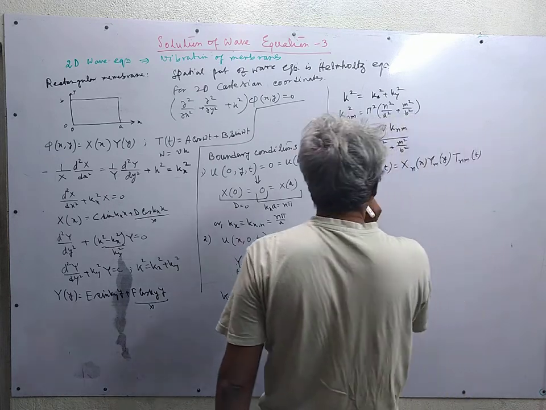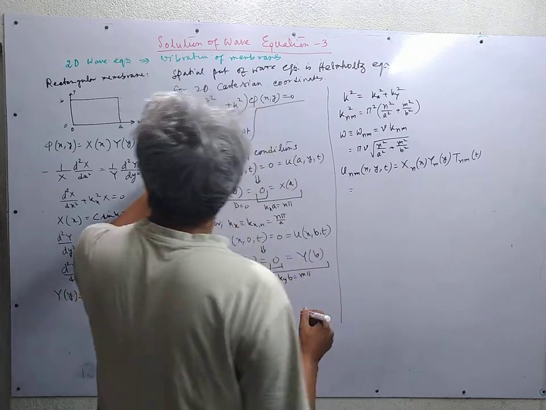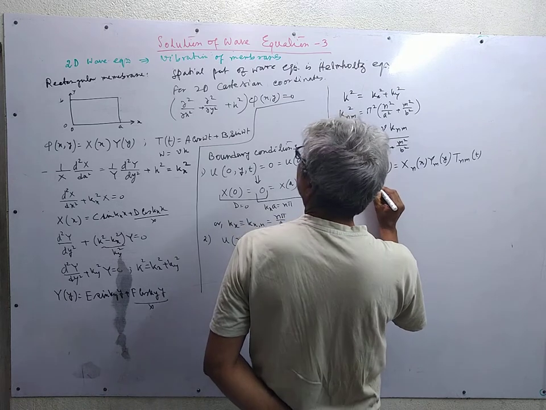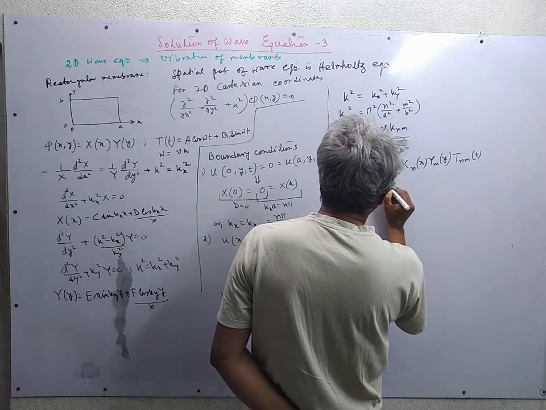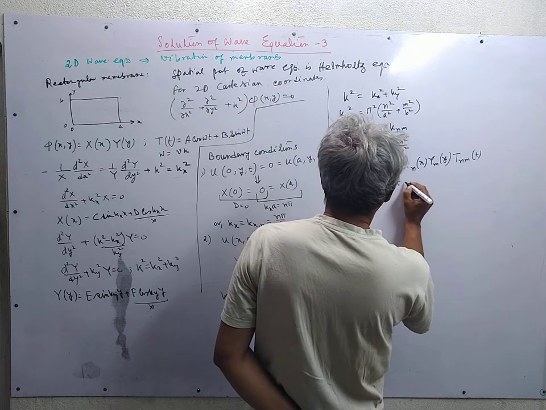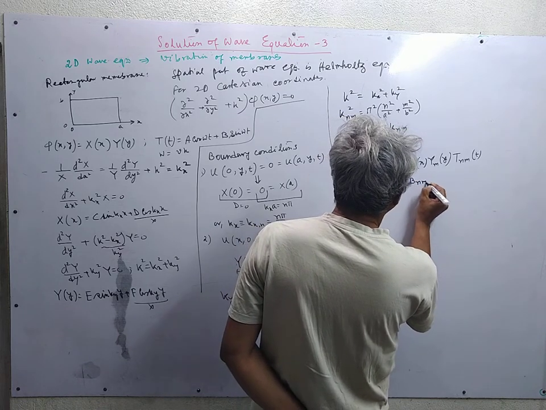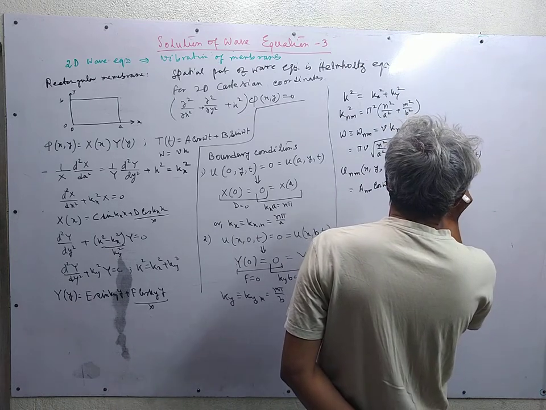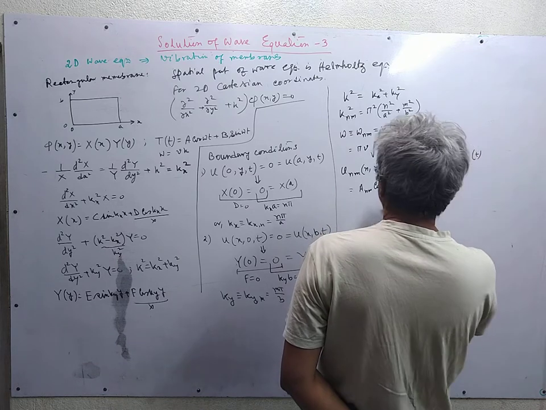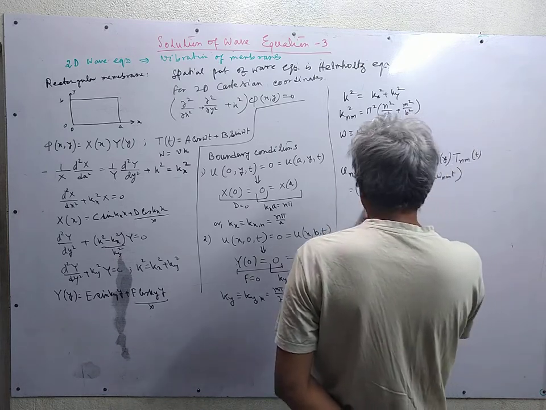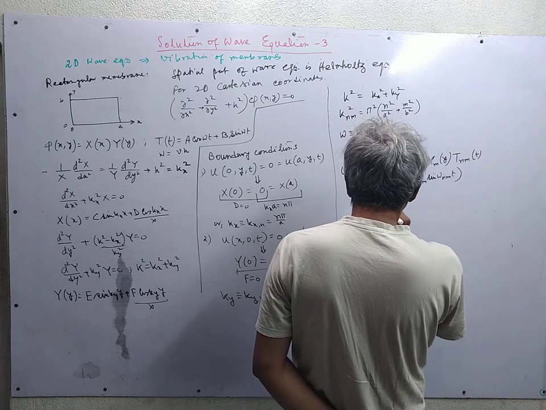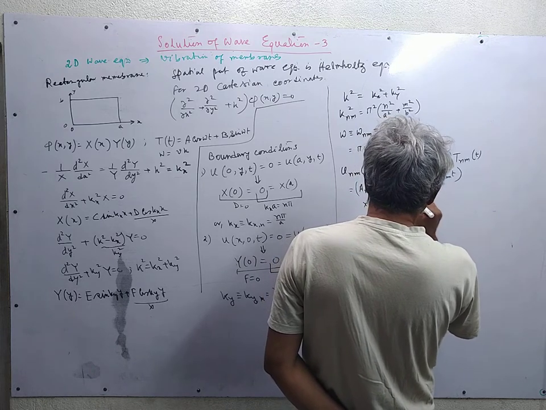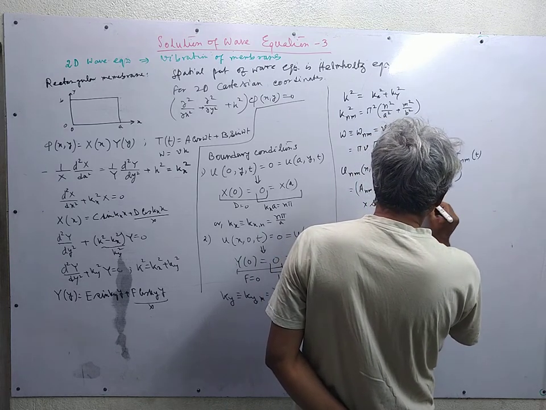And we write it as, with these constants changed, A nm cos omega nm t plus B nm sin omega nm t, this is the temporal part, multiplied by sin of n pi x by a, sin of m pi y by b.